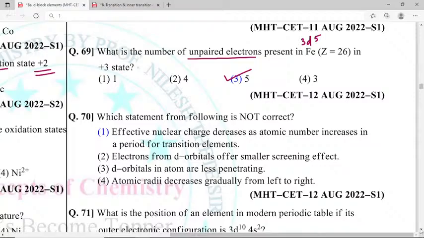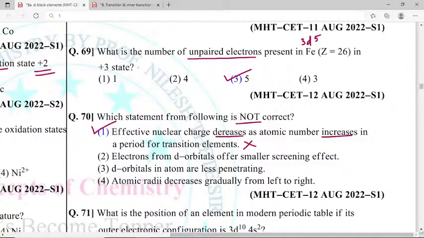Which statement from following is not true? Effective nuclear charge decreases as atomic number increases in a period. No, it is not correct. Effective nuclear charge increases as atomic number increases in a period for transition element.